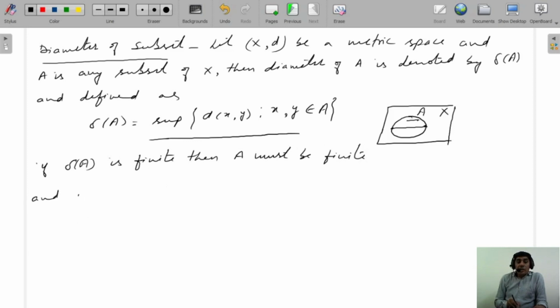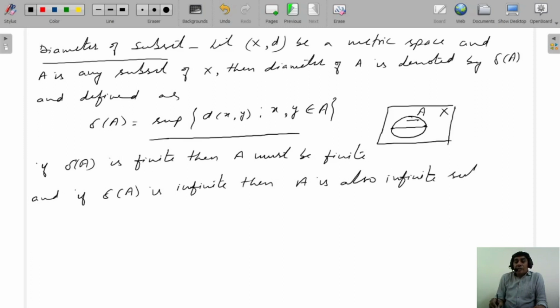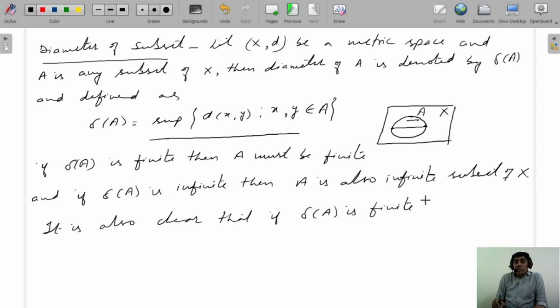And if diameter of A is infinite, then A is also an infinite subset of capital X. It is also clear that if diameter of A is finite, then A is said to be a bounded set.